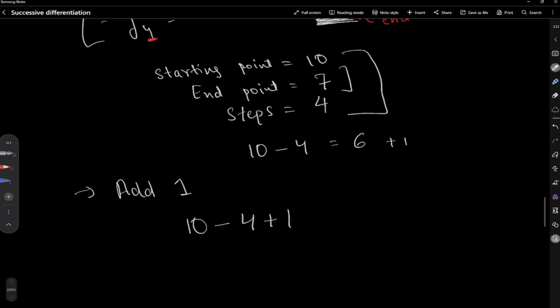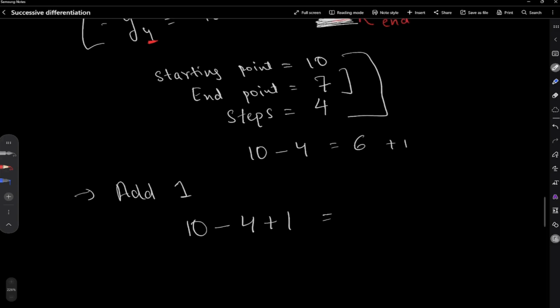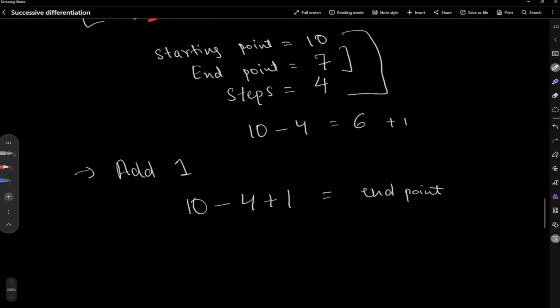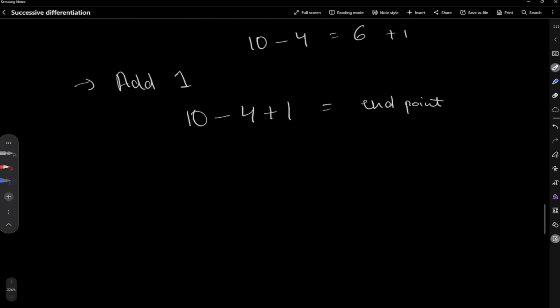This gives us the end point. Now how am I gonna write this as a formula? I'll write this as starting point minus steps plus 1 equals the end point.